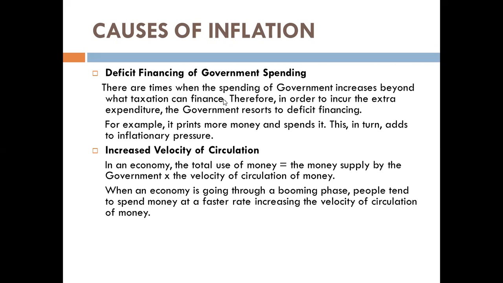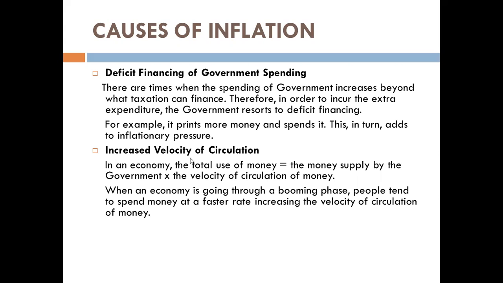So the government also comes into a deficit position. For example, it prints more money and spends it, which in turn adds to inflationary pressure. It means if the government prints more money and spends it in the nation, automatically the pressure is more and the price will be high.